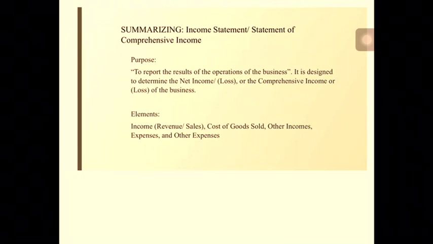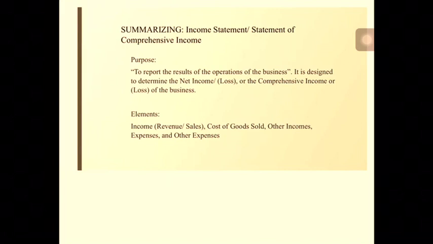Now we also have here what we call your other incomes. Okay, if the income is earned from another activity which is not part of the regular profit generating activity of the business, meaning the regular course of the business, then we consider this increase in the capital as other incomes.